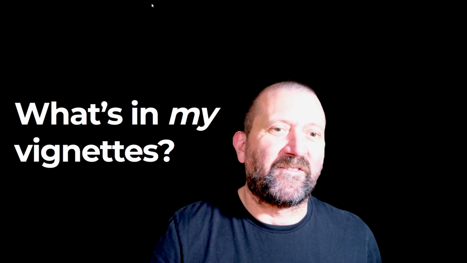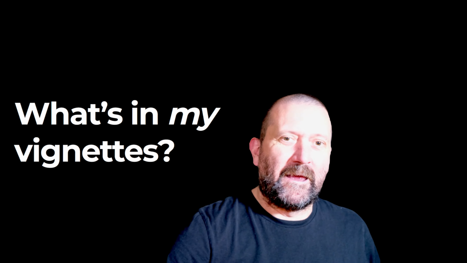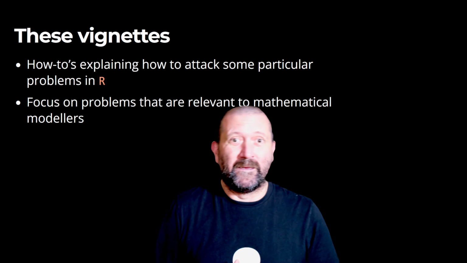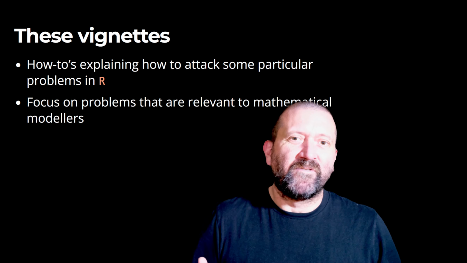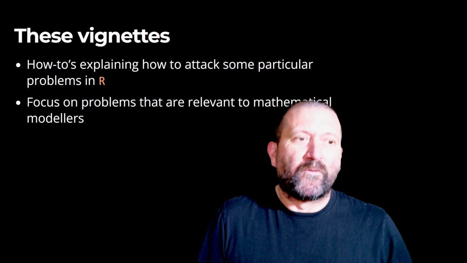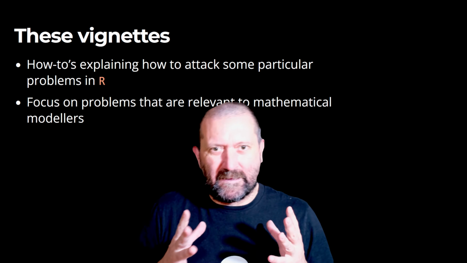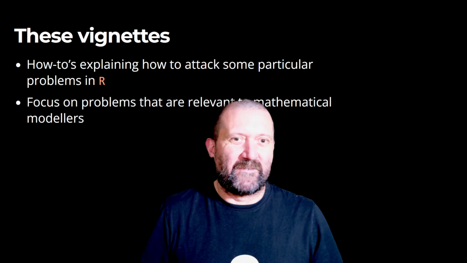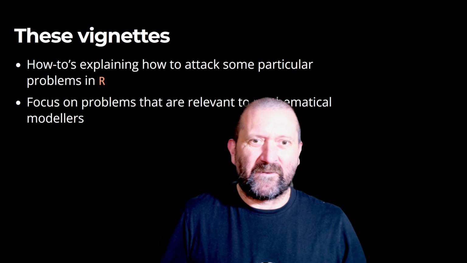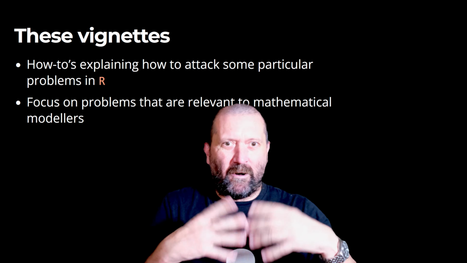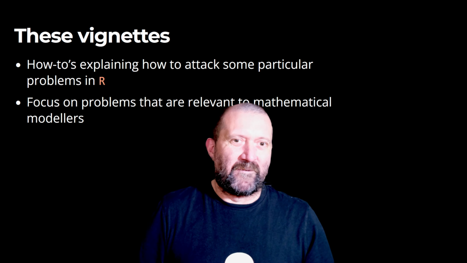That's what a vignette is in the R world, but I'm actually going to take a little twist on this, and my vignettes, the ones that I'm going to be basing these lectures on, are a bunch of how-tos to explain how to attack a particular problem in R. So this is essentially what the vignette I was showing you before does, but I'm going to shift things a little bit, and I'm going to put the focus really on items that are relevant, in my view, to mathematical modelers.